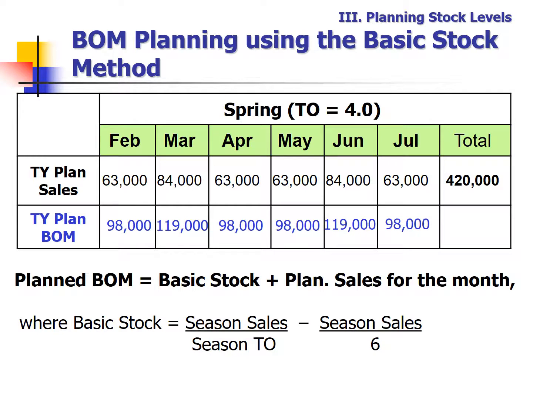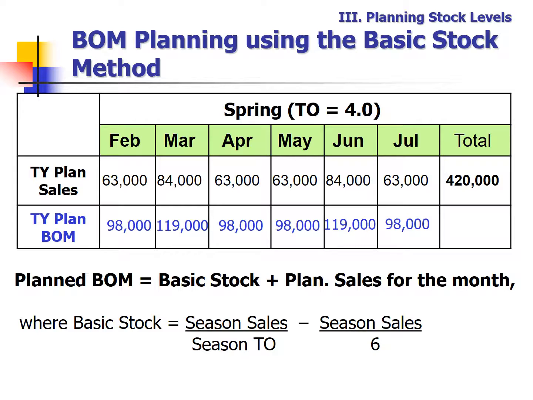As you can see here, now we have calculated the basic stock all the way through July. And you can see that February, April, and July, or May too, are having the same sales, 63,000. So if the 4 months have the same sales, that leads to the same level of BOM stock, right? Because BOM stock is basic stock plus the month's sales, right?